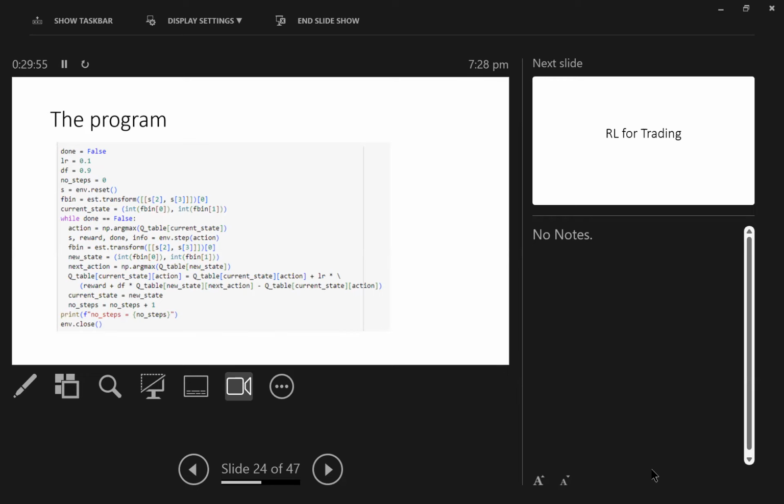finds the maximum value and tells me what its index or its position is. So suppose action 0 gives you the Q value 0.5, and action 1 gives you the Q value 0.9, for example. Of course, 0.9 is larger, so you want to take the action that gives you 0.9.